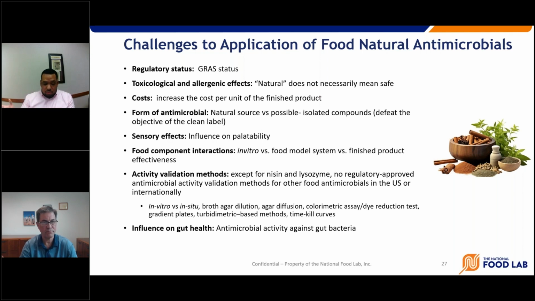And there are different ways to do it. You can think about starting with in vitro and then doing in situ or in-product testing, but you can check for the antimicrobial activity in broth solution, agar diffusion, via turbidity methods. There are different ways that you can achieve that and generate enough evidence that your system is controlling against those microorganisms of interest.